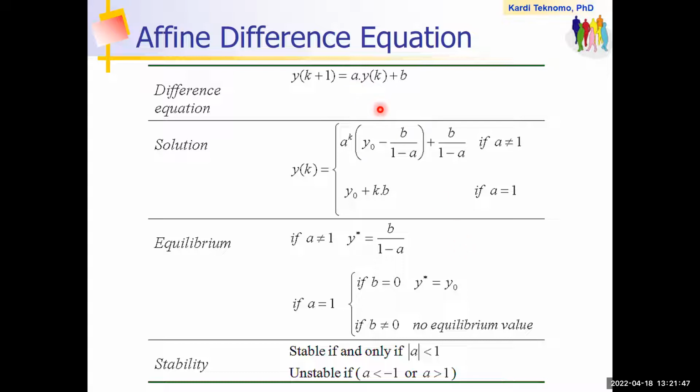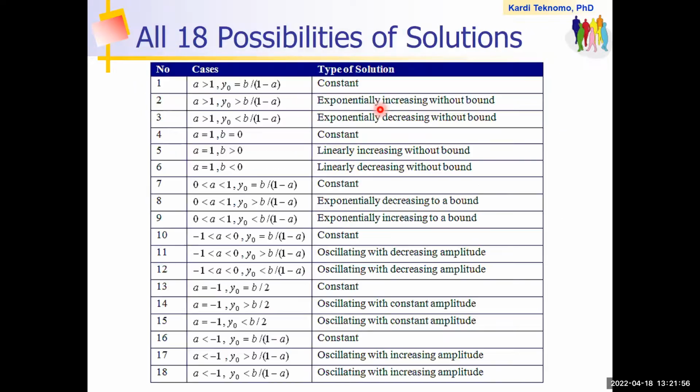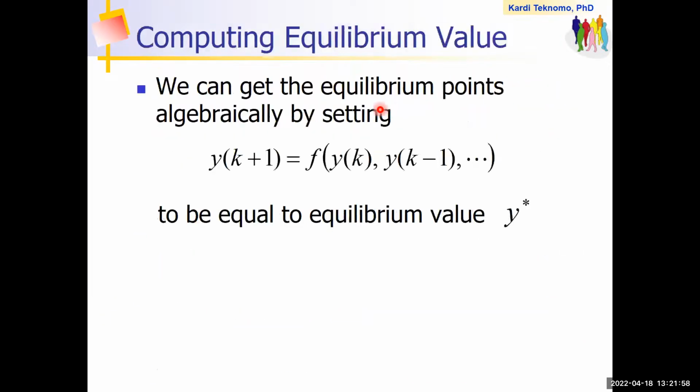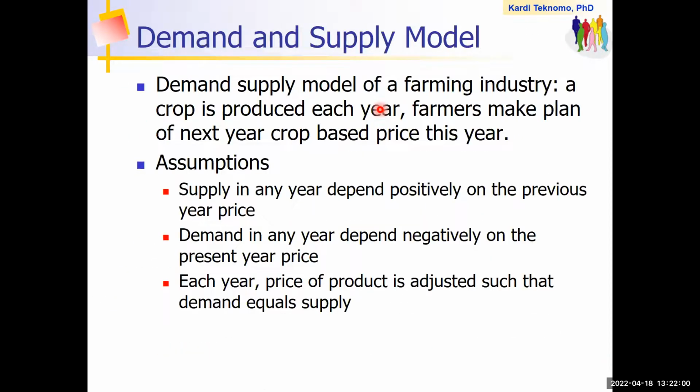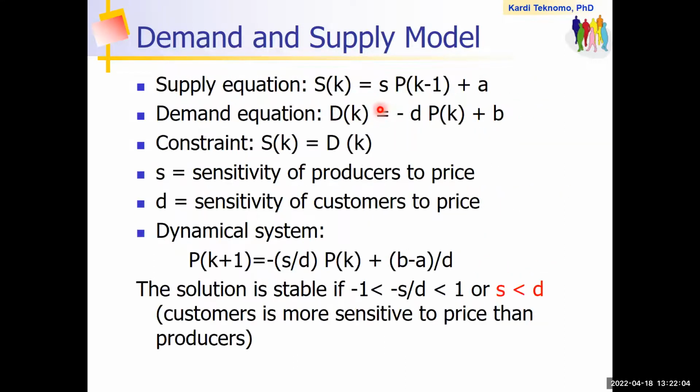Now if you compare this with the price cobweb model, the demand and supply model that we just discussed a while ago, this is basically an affine difference equation.